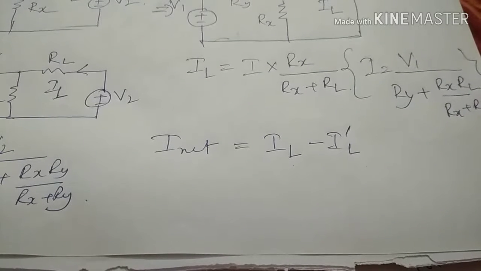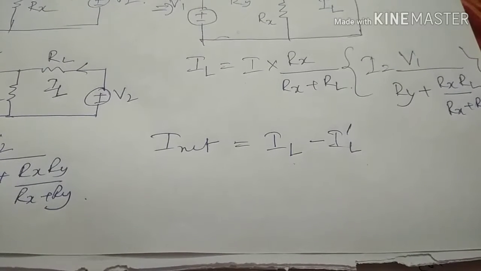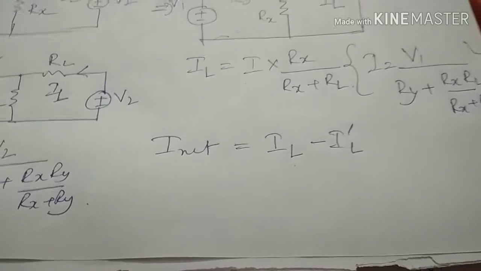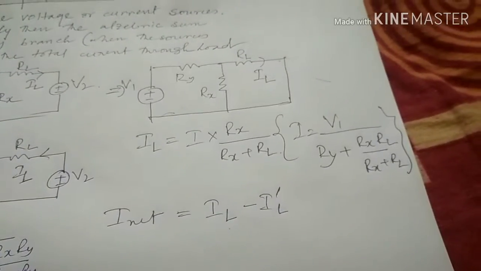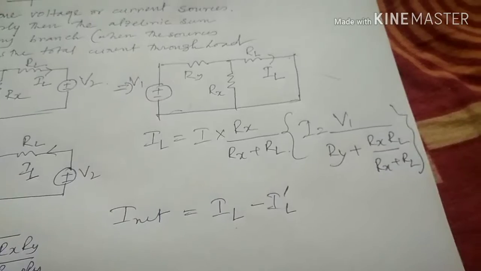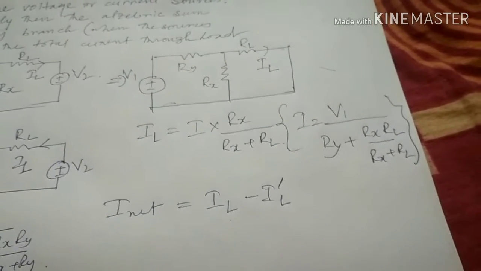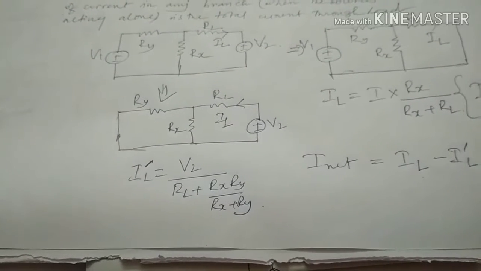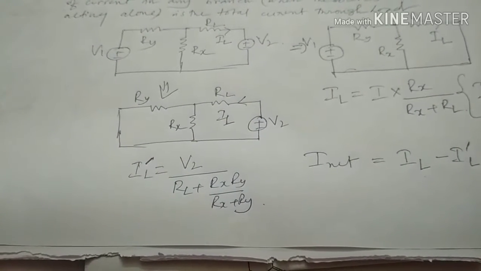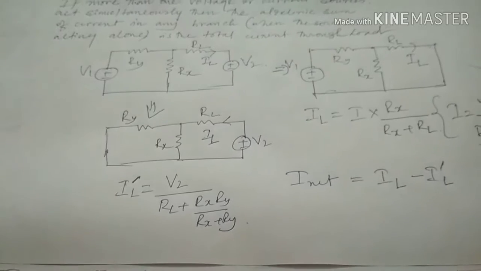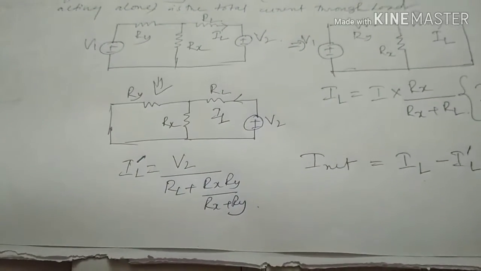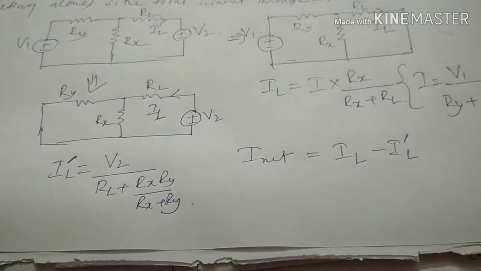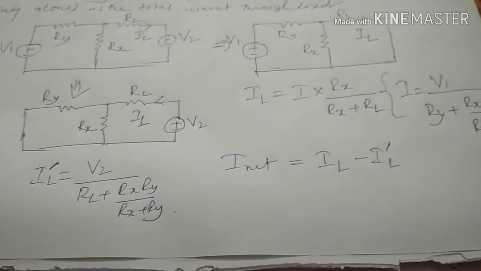IL is the current through the load when the V2 source is inactive and V1 is active, and IL dashed is when V2 is active and V1 is inactive. So the net current is IL minus IL dashed.